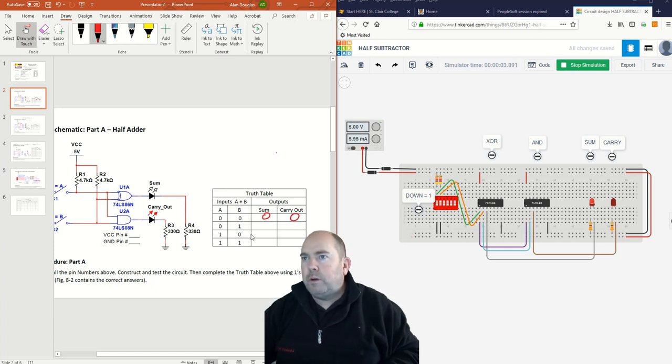This is 1, 0 I'm giving right now. That shows me a 1 on my sum, and off on my carry.